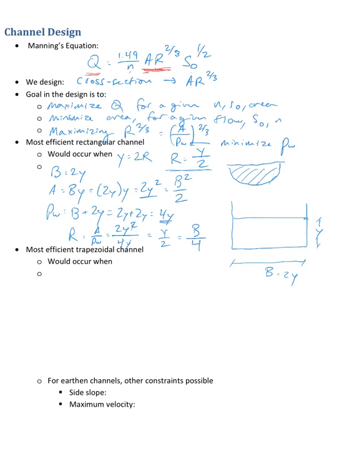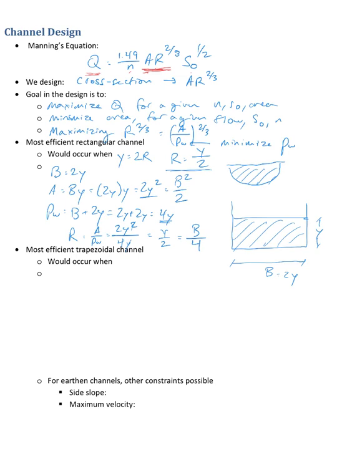Okay? So if we were designing a rectangular channel, if we want the most efficient cross-section, we need to set the channel width equal to 2 times the uniform flow depth, or the normal depth. The area winds up being b squared over 2, and the wetted perimeter winds up being 4y, so R is equal to b over 4.